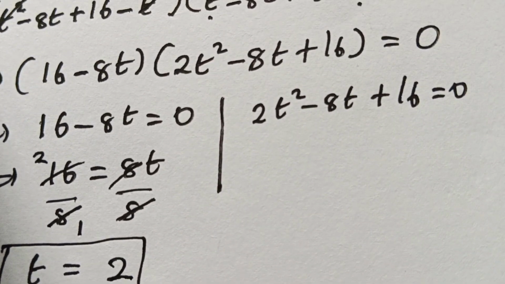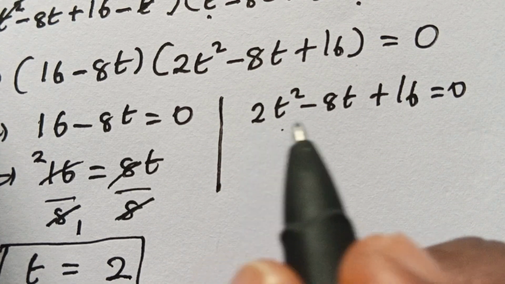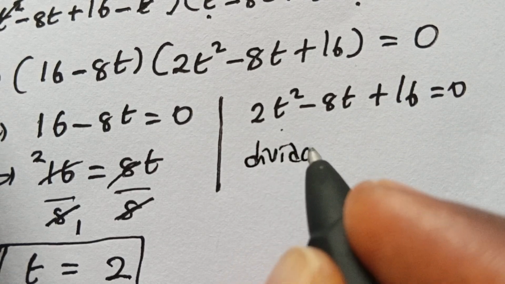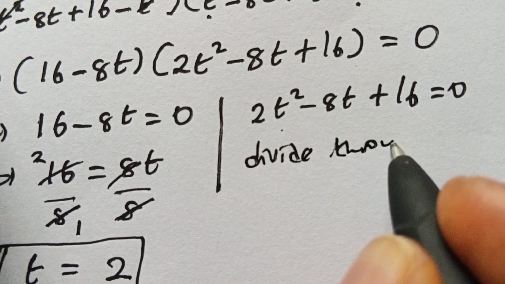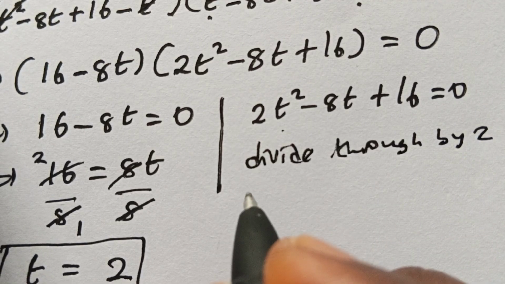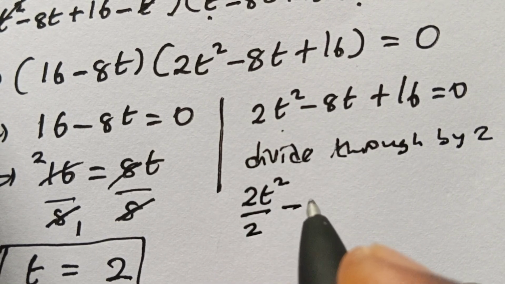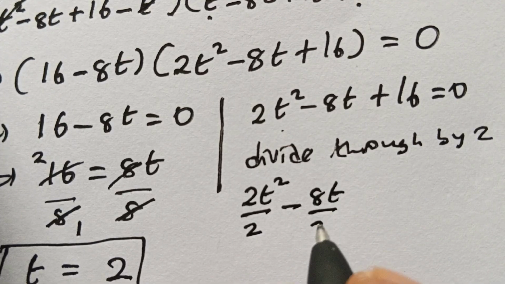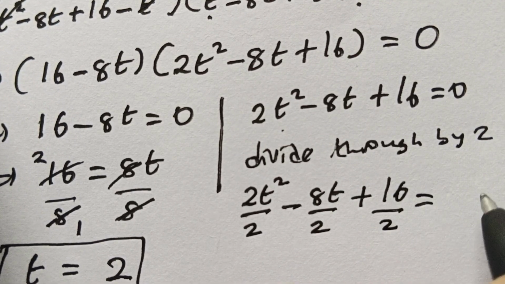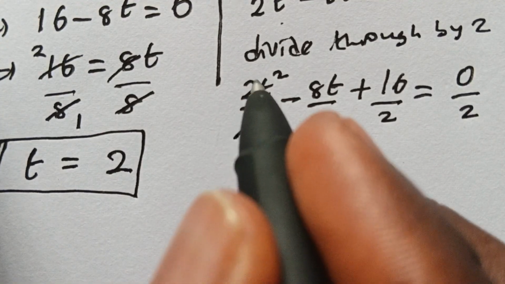Now, let us consider this quadratic equation. We can divide both sides by 2. Doing that, we have 2t squared divided by 2 minus 8t divided by 2 plus 16 divided by 2 equal to 0 divided by 2. 2 cancels 2.